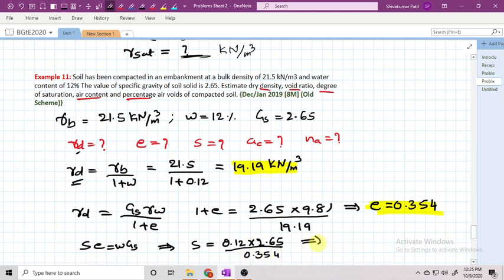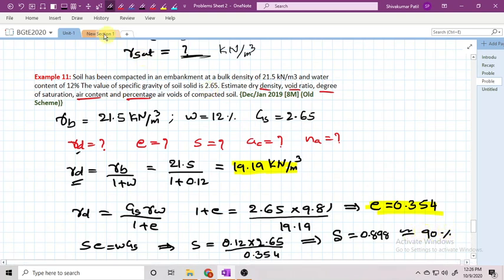So my S should be equal to 0.898, which is around 90%. This is my degree of saturation.